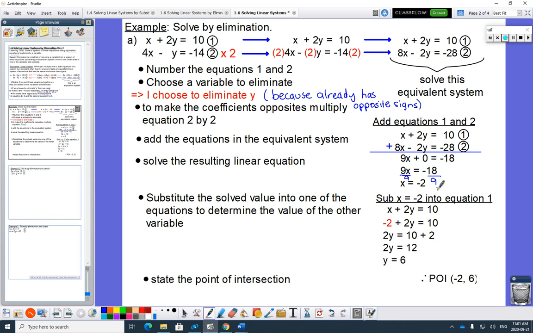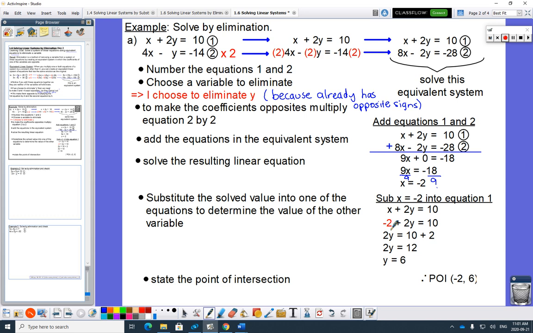Then you sub the negative 2 into equation 1. Similar to the simpler type of elimination, you can do equation 1 or equation 2. It doesn't matter. Both of them are equally simple, so it really doesn't matter, I don't think. So negative 2 plus 2y equals negative 10.